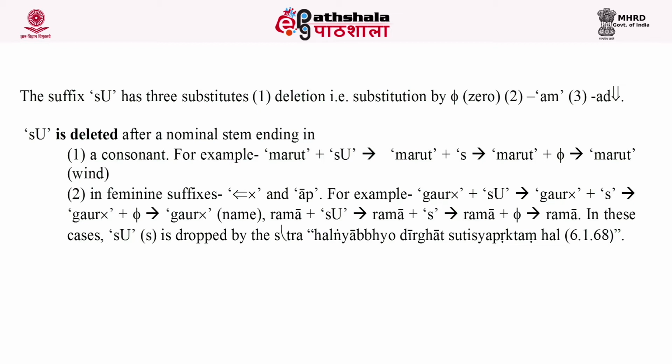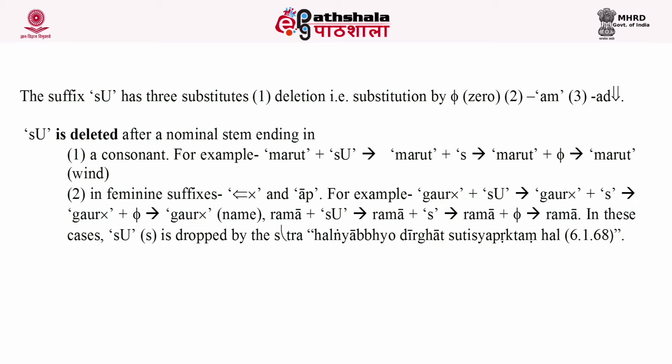Or after feminine suffixes gi and ap, for example, gauri plus su, gauri plus sa, gauri plus zero, so gauri, name. Rama plus su, Rama plus sa, Rama plus zero, so Rama. In these cases, su, sa is dropped by the sutra Halangyabhyo Dirghat Suti Sakritam Hal 6-1-68.